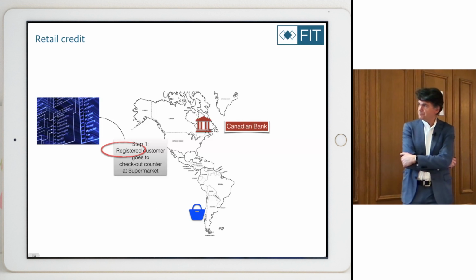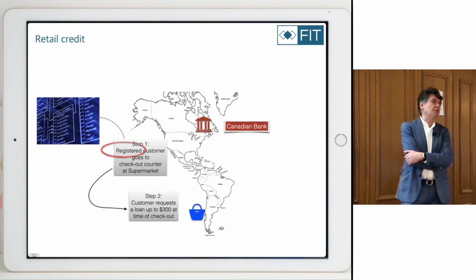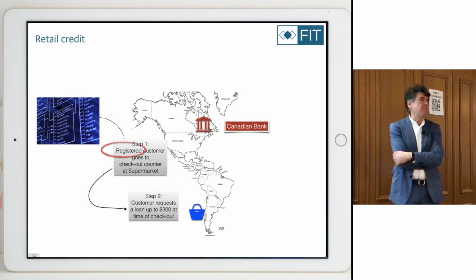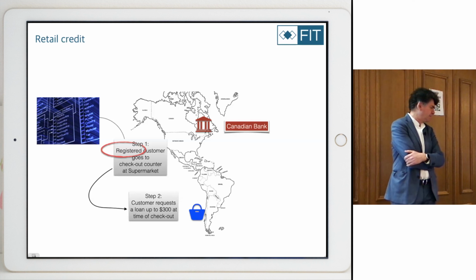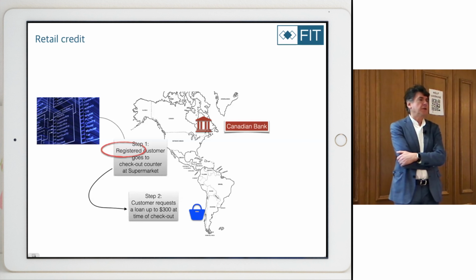So if you're a registered customer of the supermarket, when you go to the checkout, you can say, by the way, can I have a loan up to $300 on the spot? Picture that? Kind of like cash back, but you're not paying for it, you're just getting a loan. The term and all that is not relevant. But up to $300.